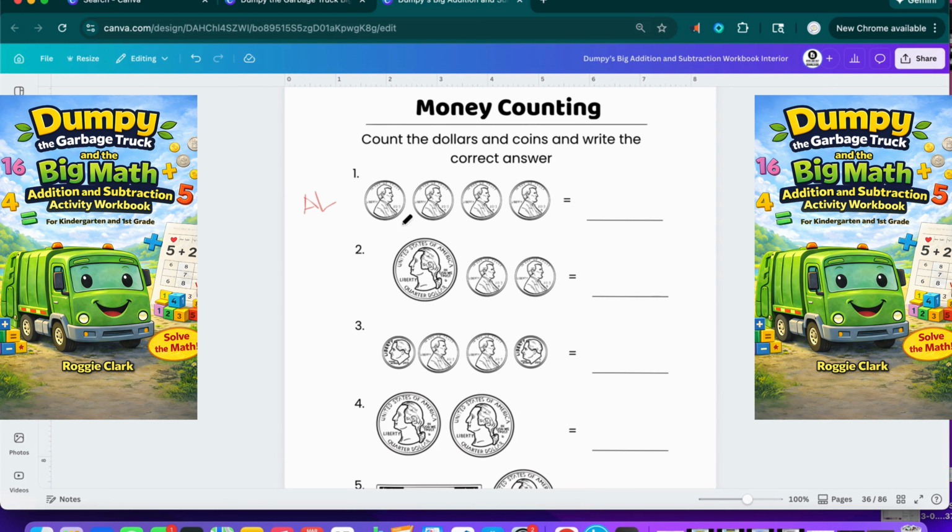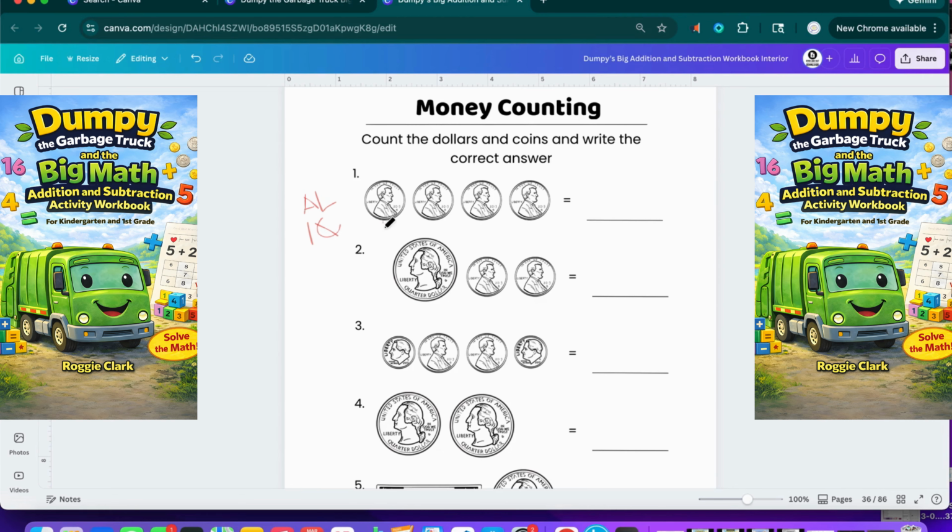Then I notice it's 1 cent, so I think what a penny is typically worth: 1 cent. If I've got 1 cent, there's four of them, so I should probably count.